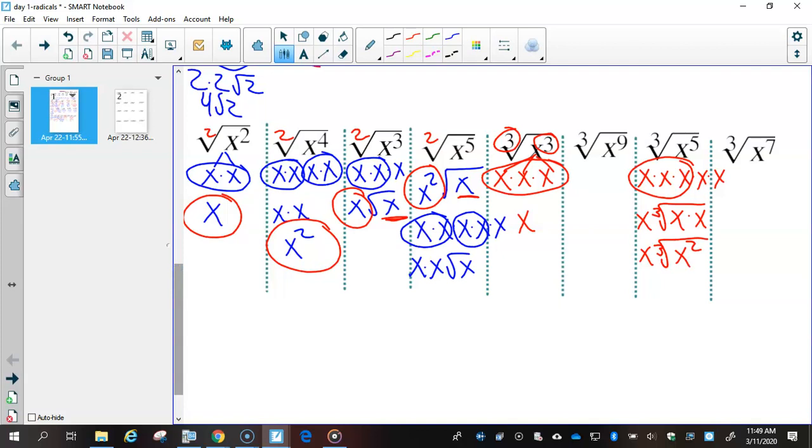Now, notice that this looks like it's x to the third, but it's not. It's x times the cube root of x squared. If you need to add parentheses, so you don't confuse that. But, Sophia, just like your x squared went away here, there was nothing left over for that one.